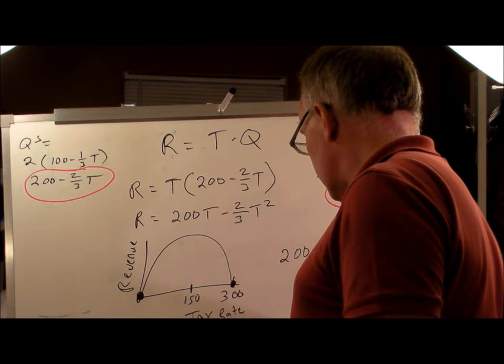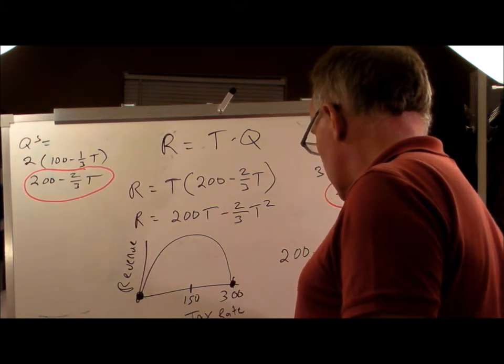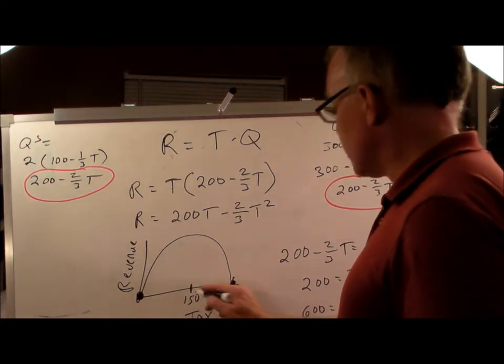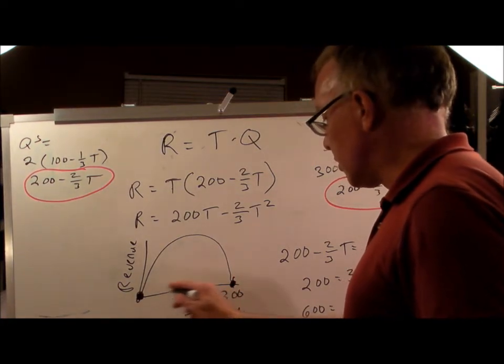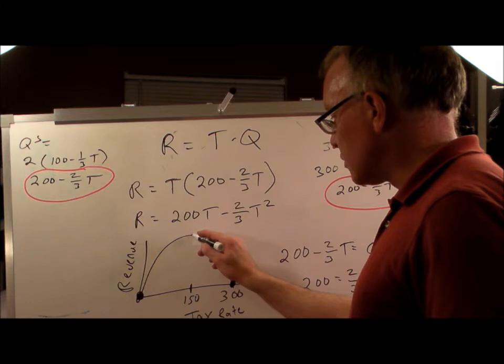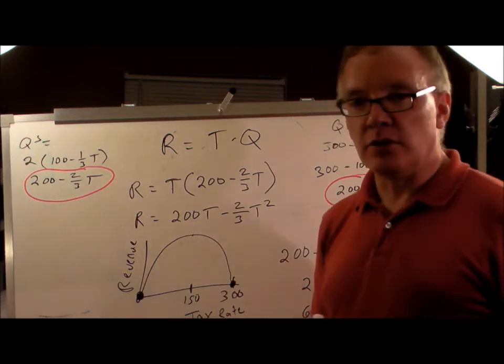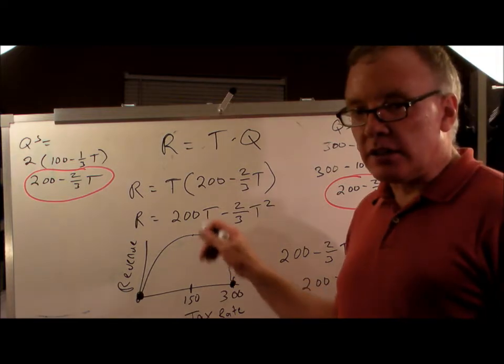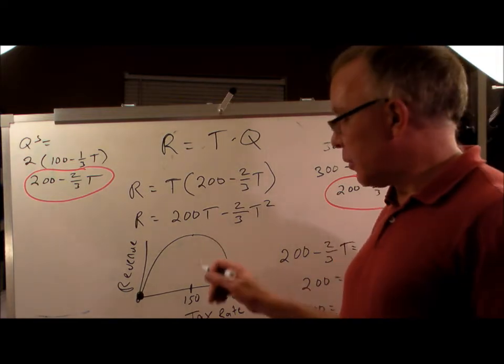That means that 600 equals 4t, and that's going to mean that t equals 150. And so right this halfway point between 0 and 300, 150, is where our tax revenue would be at a maximum.